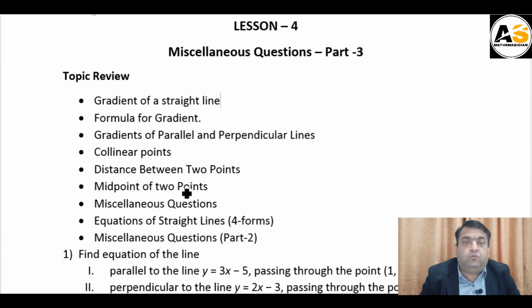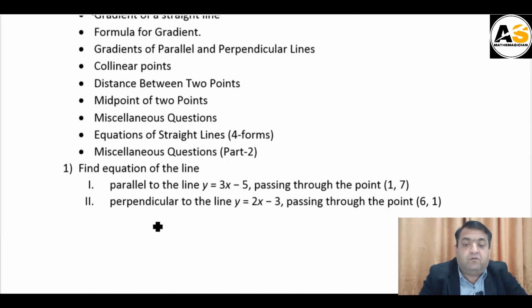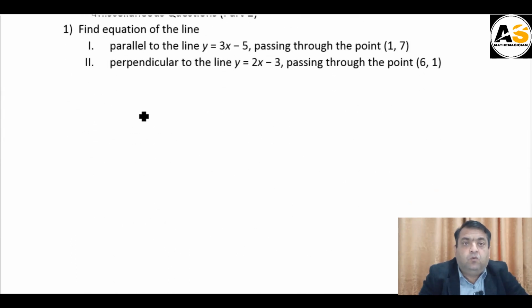Before going to the past year exam based questions, we are going to solve some miscellaneous questions which will keep us in line. Question number 1 for today's lesson. We are required to find the equation of a line which is parallel to this line, and passes through this point.